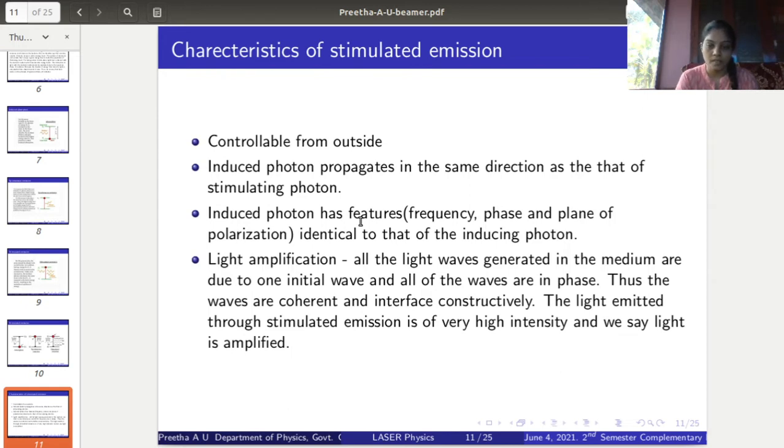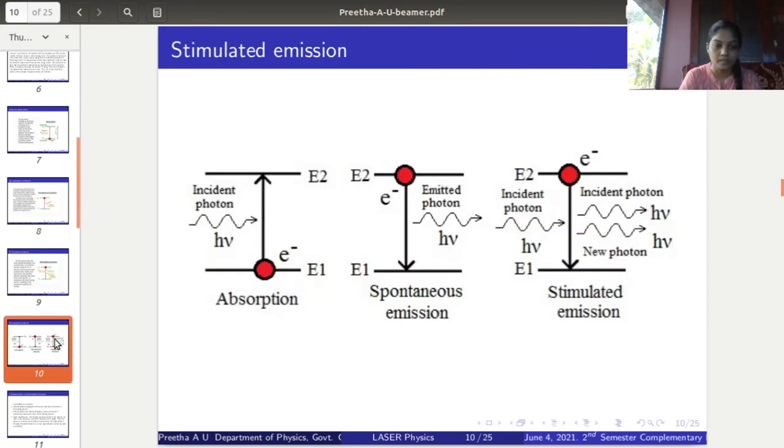Since at the end two photons are emitted, as in the previous picture, each will have the same phase and the same plane of polarization. So these two waves interfere constructively. So what will happen?